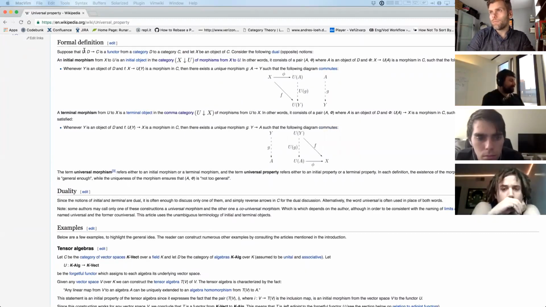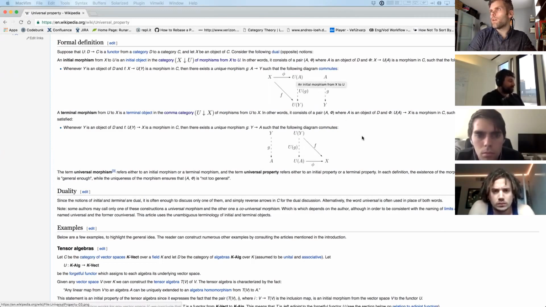So that's saying that if we have a functor from one category to another, and then we have an object X in the second category, the target category, then there is a whole category of morphisms from X to U, from that object to an initial object in this category, which is the comma category of X down to U. In other words, it consists of a pair, A and phi, where A is an object of the source category, and phi is some mapping that goes from X to U of A, right?